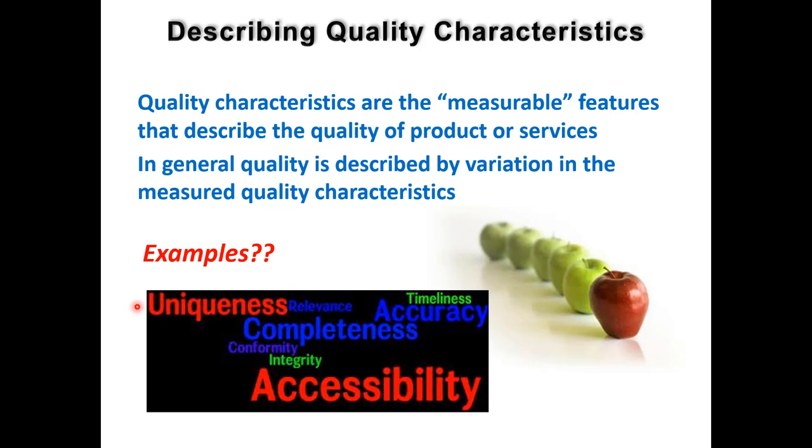But in most cases, if you talk about items produced by a production line, we are looking at the product dimensional measurements. That is a very straightforward example of how you can measure the quality characteristic. The easiest example would be the dimensional measurement of the finished item or finished product.